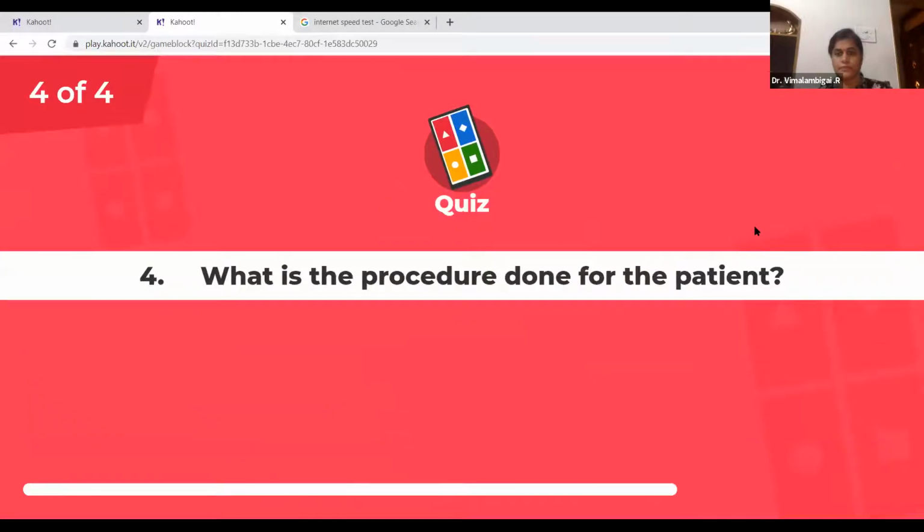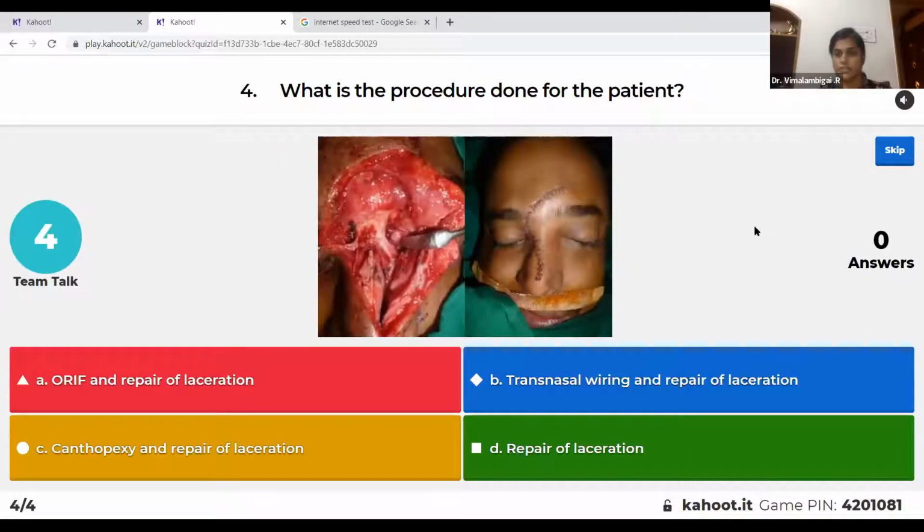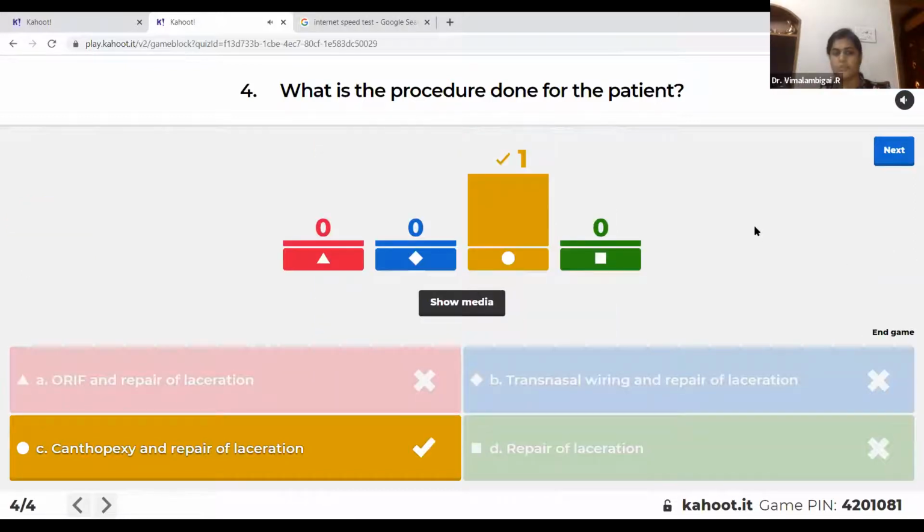So now for the above patient, what do you think was the procedure that was done? ORIF and repair of the laceration, or transnasal wiring and repair of laceration, or have I done a canthopexy and repair of laceration, or just repair of the laceration? Yes, there was a canthopexy and repair of laceration.